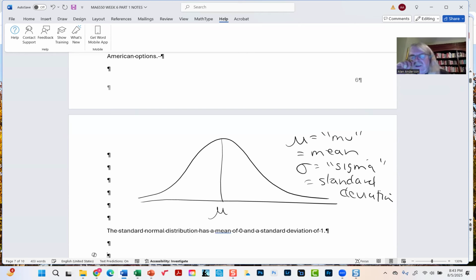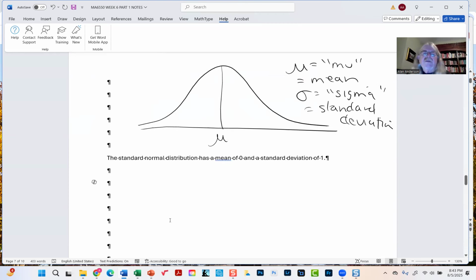Okay. Now, what about rates of return of financial assets? How are they not normal? Rates of return to assets differ from the normal distribution in two key ways.